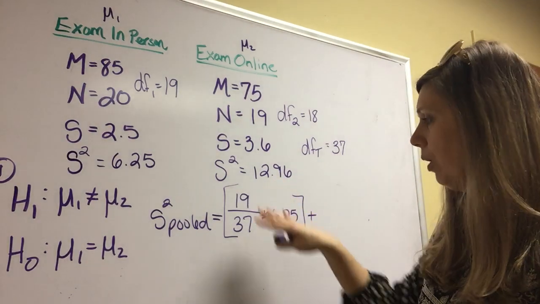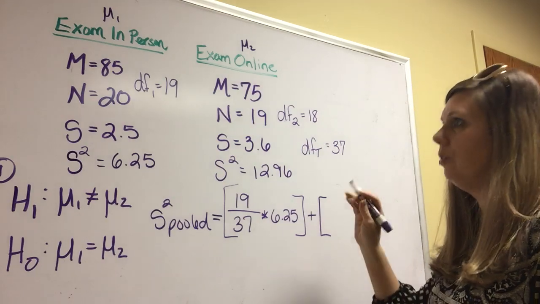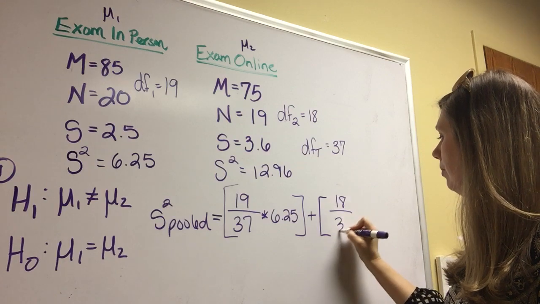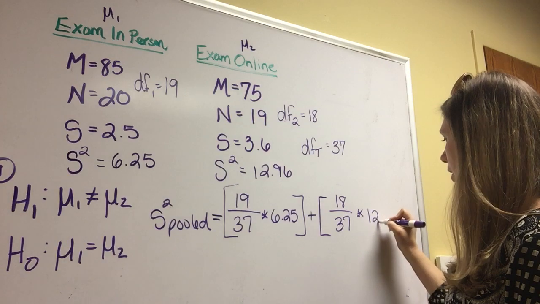So I'll do this part first, and then come back around and do the part for the second group. So degrees of freedom for my second group is 18 divided by the total, 37, and again multiplied by the variance of 12.96.